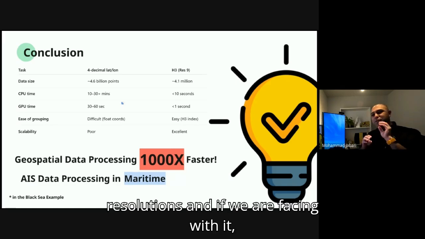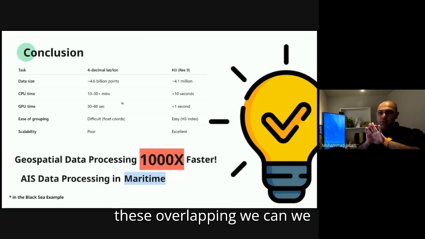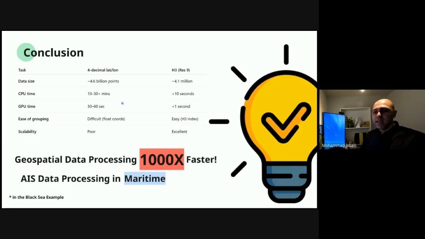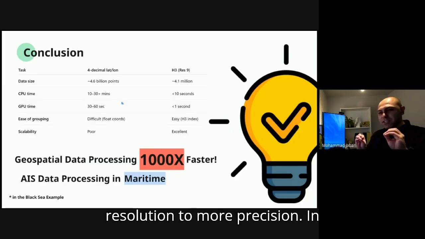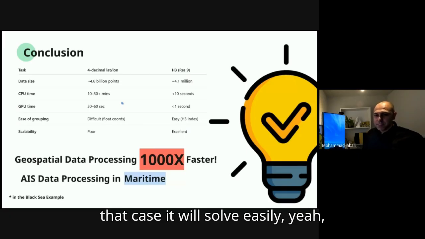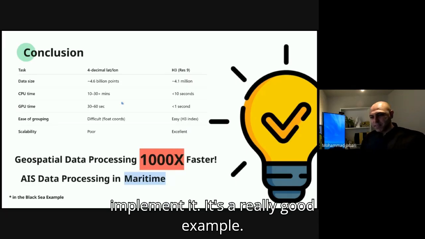It depends on the resolution, and if we need more precision to find these overlaps, we need to change the resolution to a finer one. In that case, it will solve easily. In a workshop, we can easily implement it. It's a really good example.